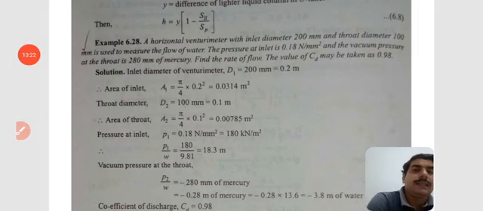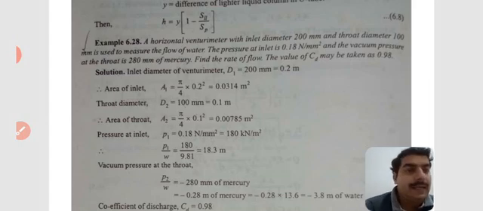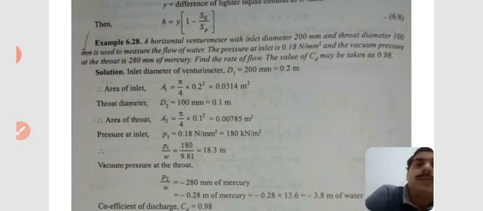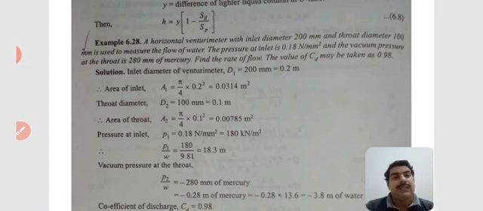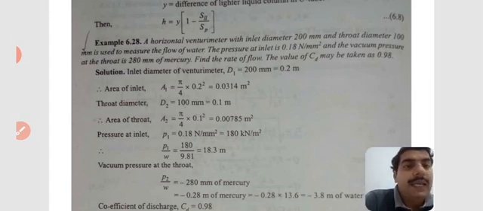Now we take a small example: a horizontal Venturi meter with inlet diameter 200 millimeter and throat diameter 100 millimeter is used to measure the flow of water. The pressure at inlet is 0.18 Newton per mm square, and the vacuum pressure at the throat is 280 millimeter of mercury. Find the rate of flow. The value of Cd may be taken as 0.98.